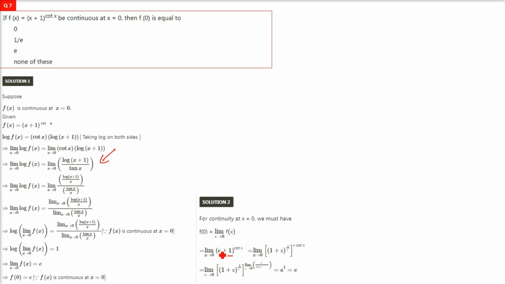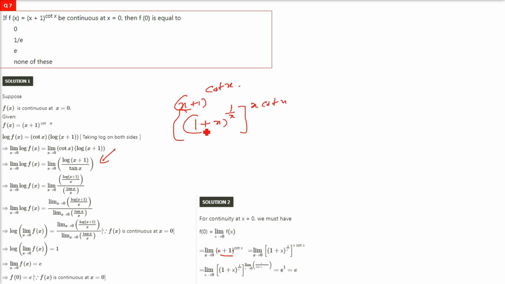So what we will do here is we'll try to make the expression so that we get a simple limit and solution. So (1 plus x) to the power 1 by x, and then you have x cot x here because x gets cancelled.